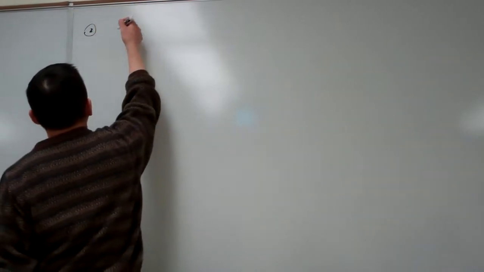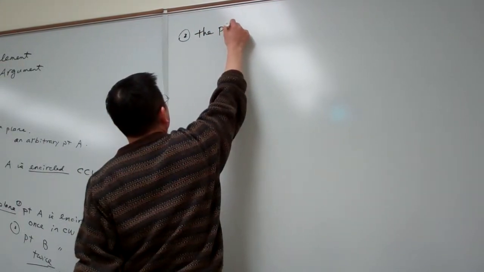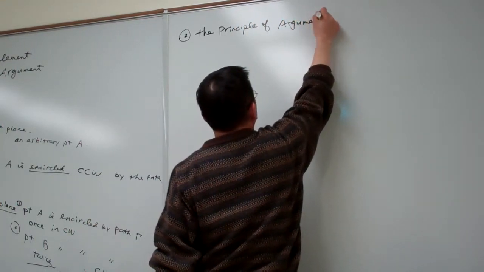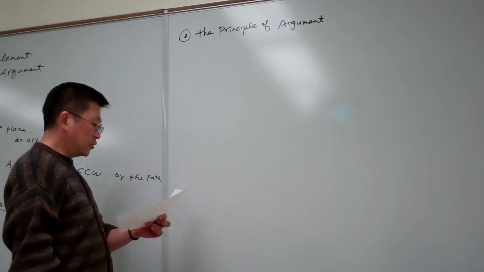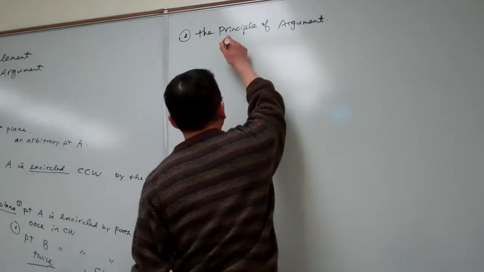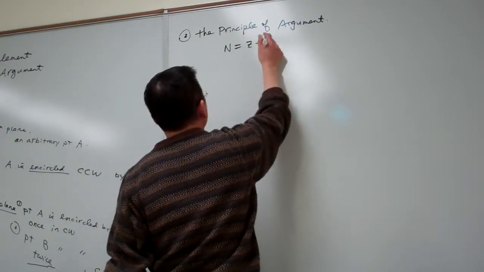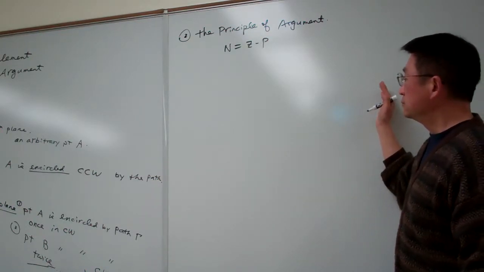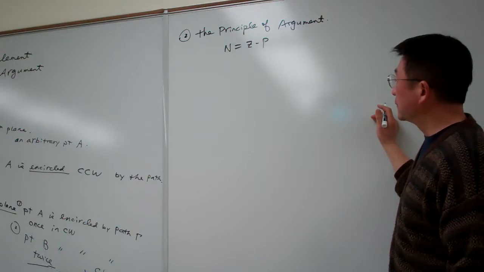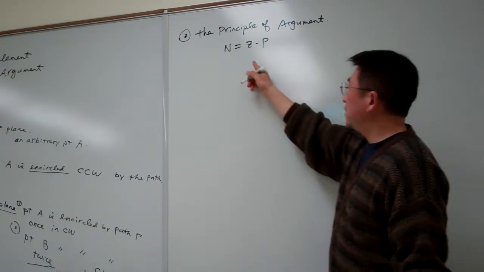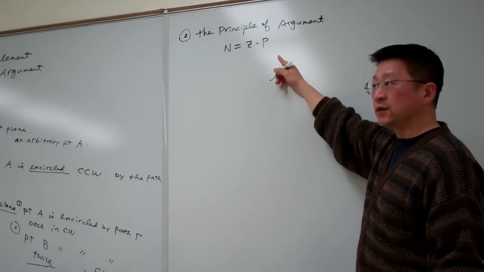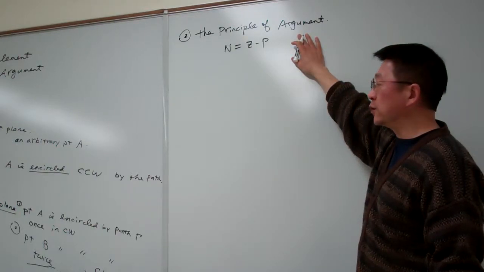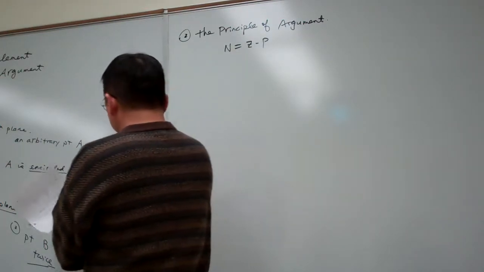Basically the principle of the argument simply says: N equals Z minus P. That is the one I quickly reviewed two days ago. Here I'm repeating the statement, and this argument is based upon conformal mapping.